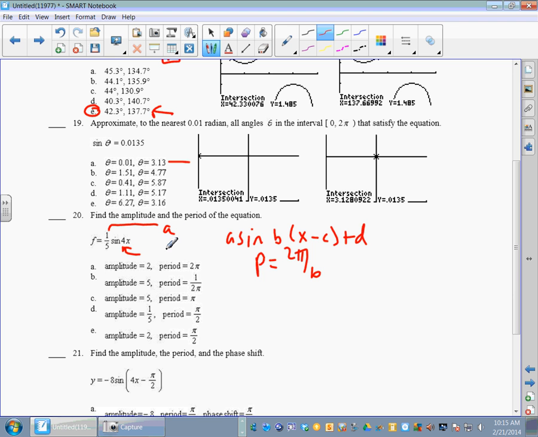Let's see, that'd be a, and then b is what? 4. So 2 pi over 4, so it gives you pi over 2. Okay, but it follows that format we talked about, a sine b x minus c plus d. So that goes pretty good.